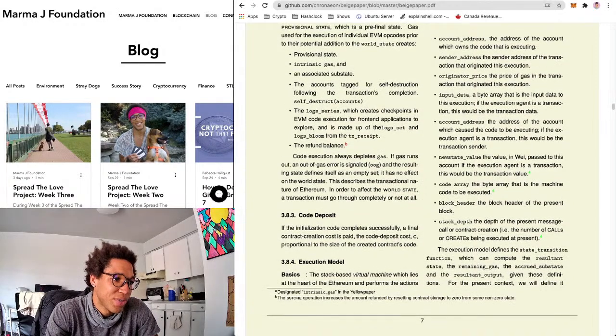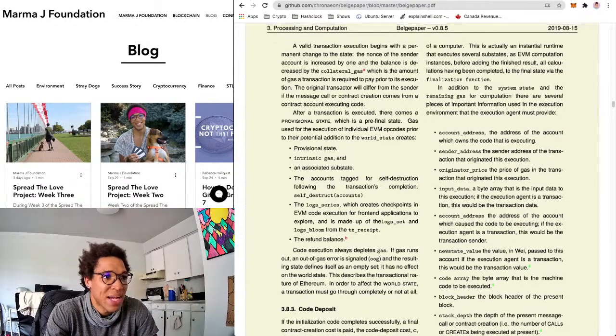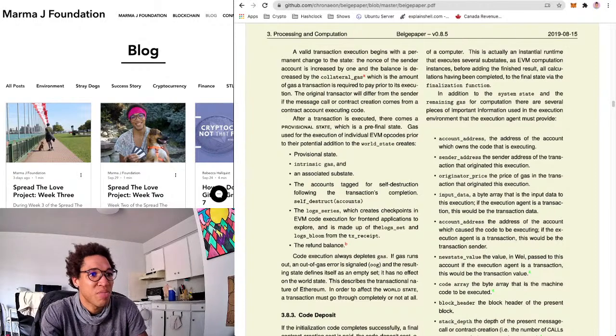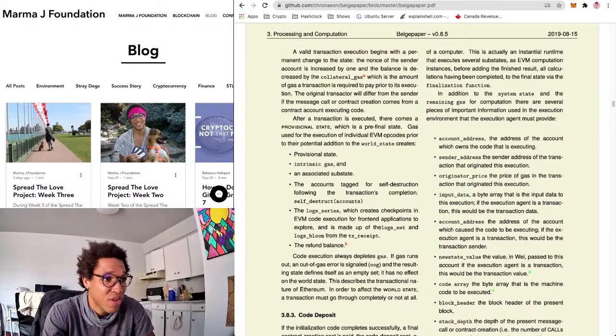Execution model, the stack-based VM, which lies at the heart of Ethereum and performs actions of a computer. This is actually an intrinsic runtime that executes several sub-states as an EVM computation instance before adding the finished result. All calculations have been completed to the final state via the finalization function. In addition to the system state and the remaining gas for the computation, there are several pieces of important information used in the execution environment that the execution agent must provide.